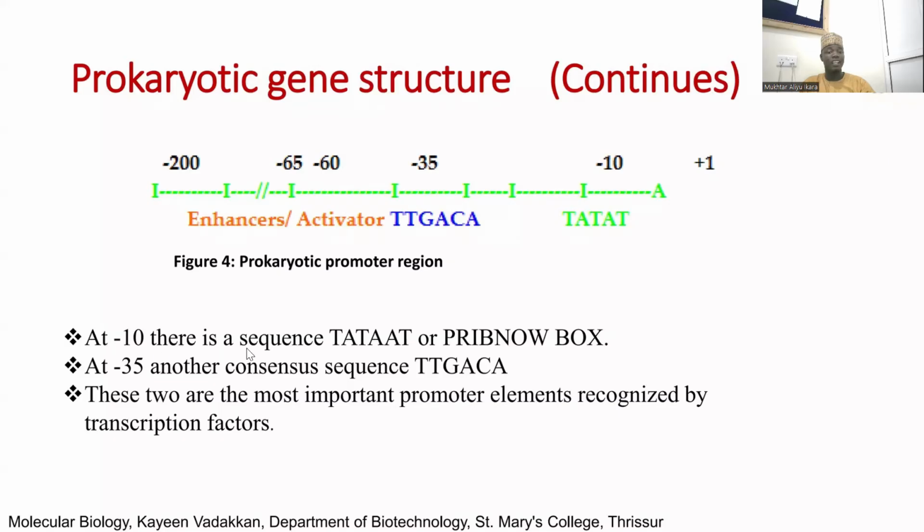At -10, there is a sequence called TATAAT, or the Pribnow box. And at -35, we have another consensus sequence called TTGACA. These two are the most important promoter elements recognized by transcription factors. So the -35 and -10 sites are where the transcription factors recognize and bind. Transcription factors are smaller proteins that usually bind to the promoter site to enhance or activate transcription.